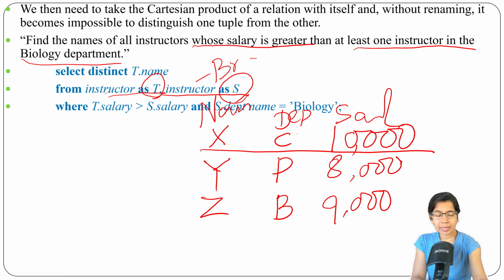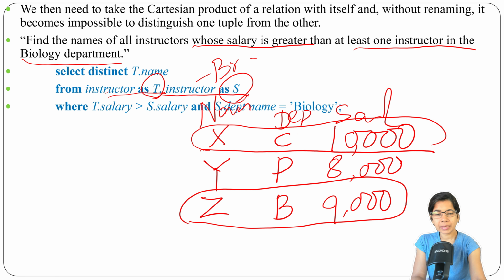So it is comparing within that instructor relation, whereas Z belongs to the biology department with salary 9,000, and another instructor Y belongs to the physics department with salary 8,000. 8,000 is less than 9,000. And it is asking whose salary is greater than at least one instructor in the biology department. Hence, it will show only X.